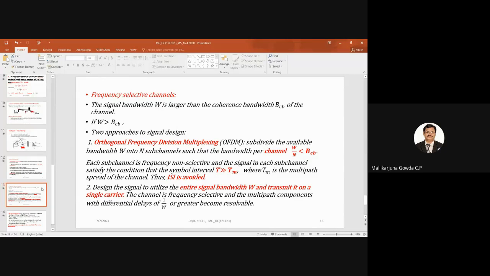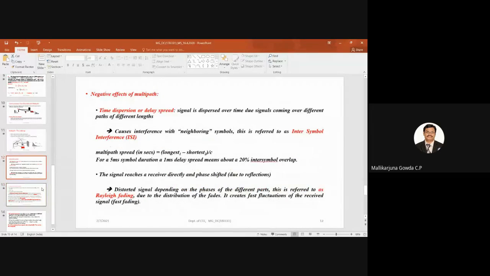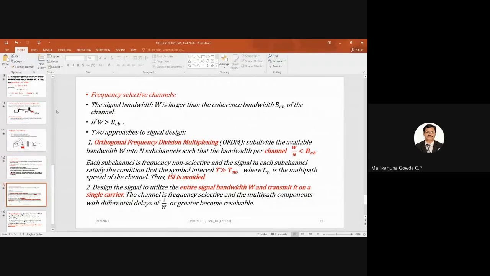What I am saying here is frequency selective channels. We say this when the signal bandwidth is larger than the coherence bandwidth of the channel. If the signal bandwidth is greater than the coherence bandwidth, then it is a frequency selective channel. To overcome this multipath effect, there are two approaches.